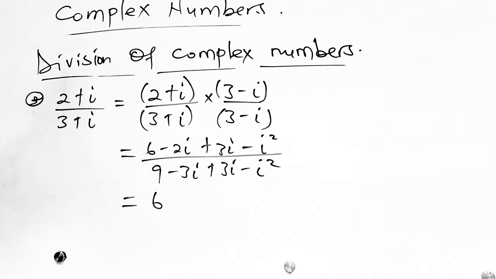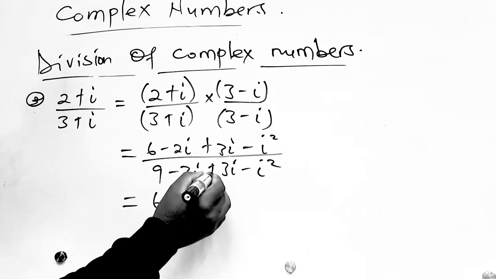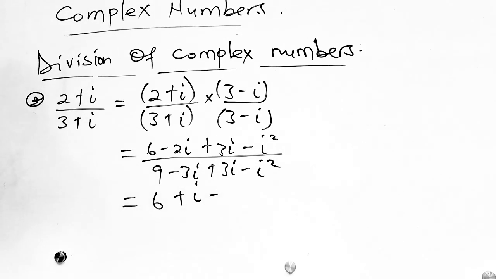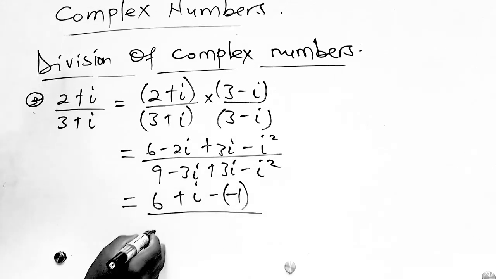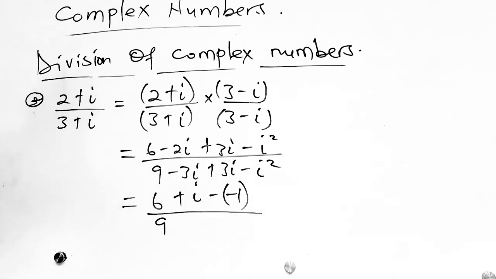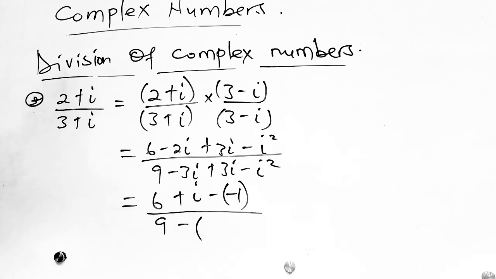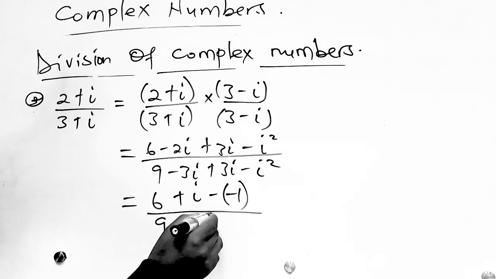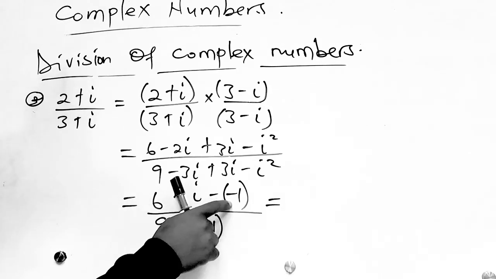So we have 6 and minus 2I plus 3I. These are like terms, so they add to each other: minus 2 plus 3 is equivalent to positive I. Minus I squared is equivalent to plus 1, over 9. Minus 3I plus 3I is 0. Then we'll be left with I squared, which is equivalent to minus 1, and this becomes a plus.